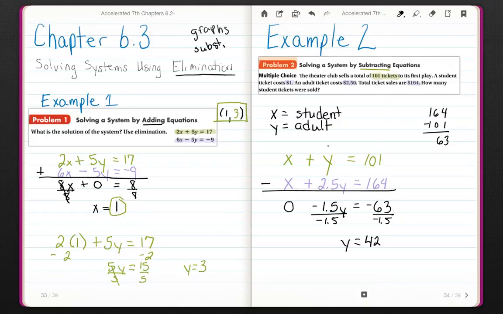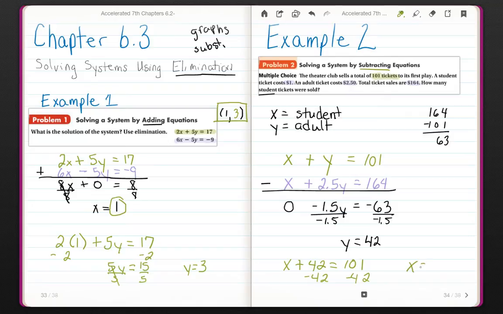So I know that there were 42 adult tickets, but my question asks how many student tickets were sold. So I'm going to plug this back into my equation. X plus 42 equals 101. Subtract 42 from both sides.